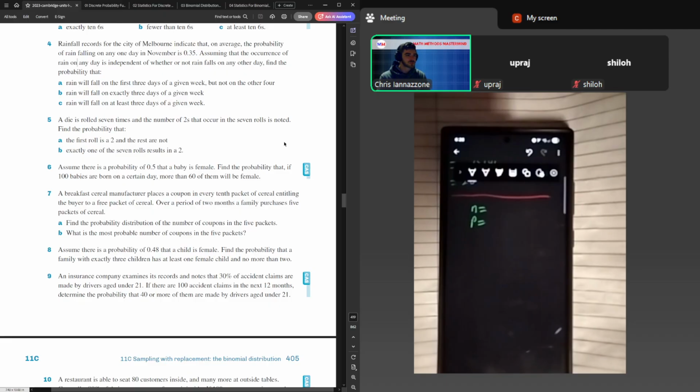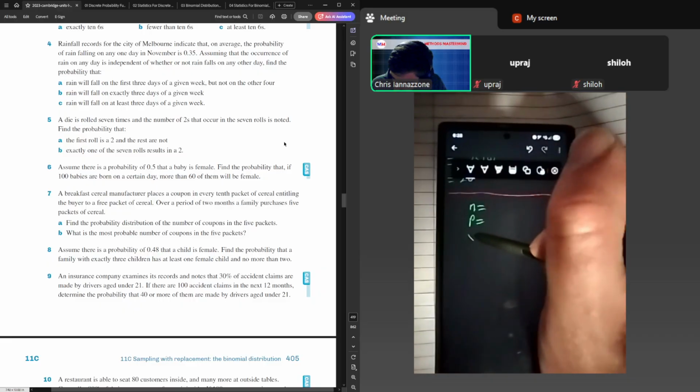You might have to read part A as well. So in that case, yeah, if we're going to do part A, we'll look at little x as well.